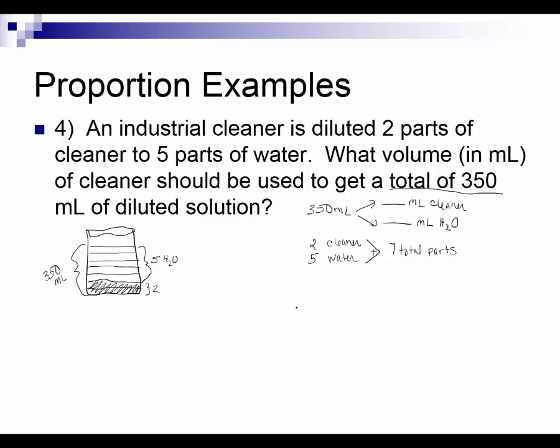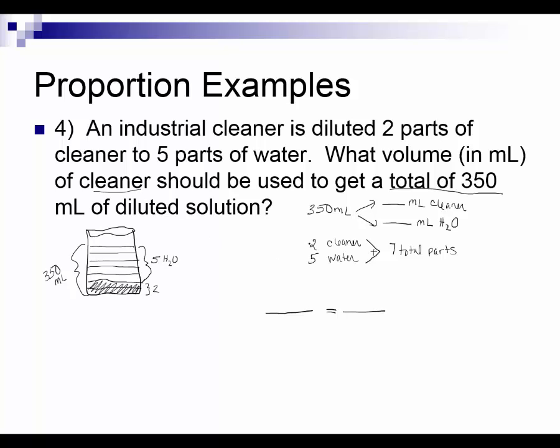When we set up our proportion, we're going to need to make sure that we have similar labels. So we set up a little structure here, 2 equal fractions. The problem asks us what volume of cleaner.